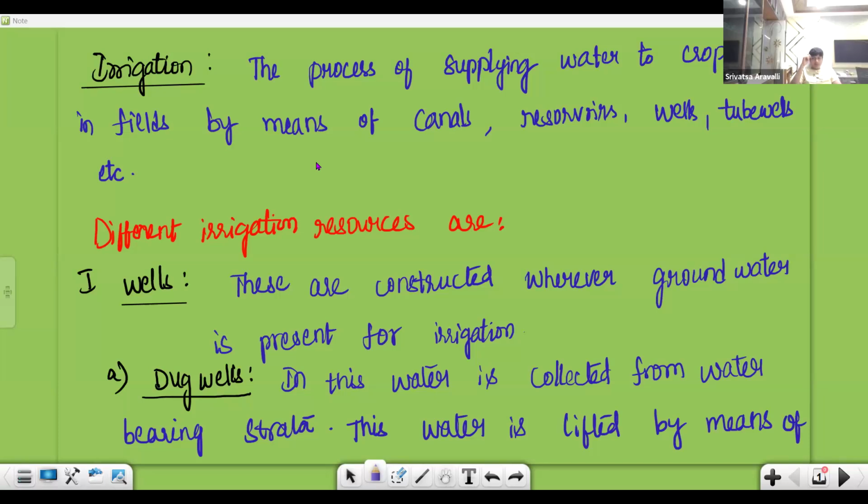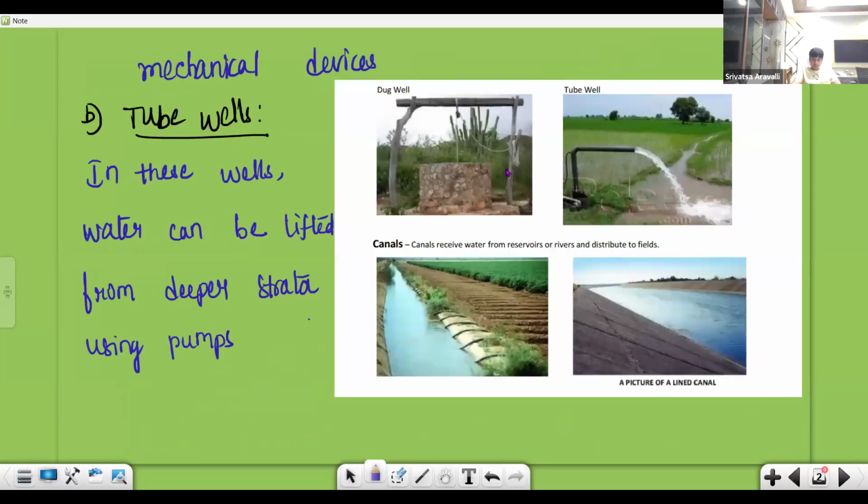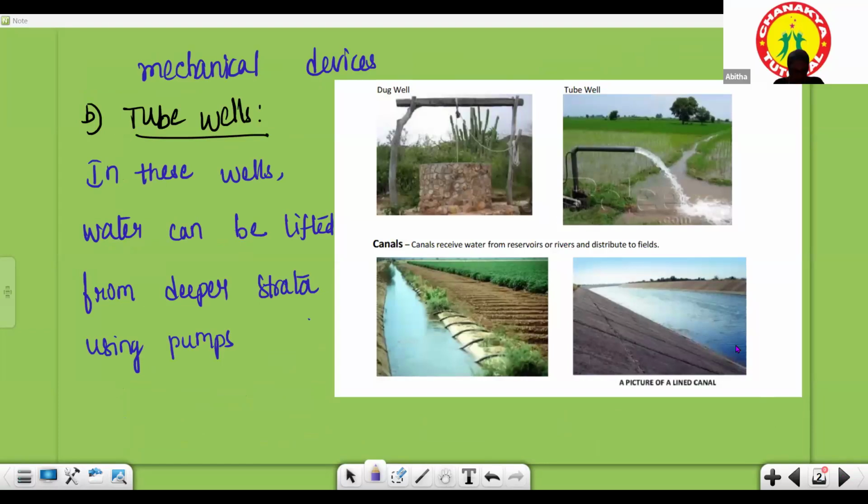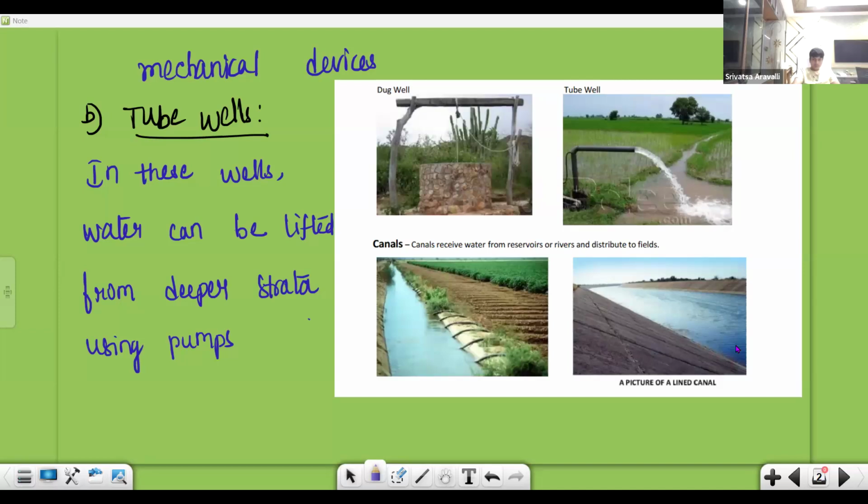This water is lifted by means of mechanical devices. In these wells, water can be lifted from deep strata using pumps.